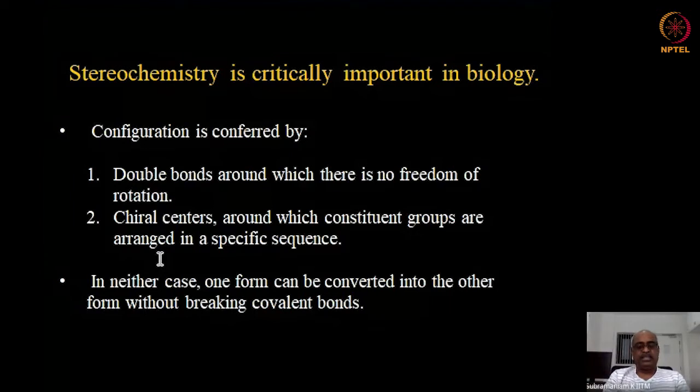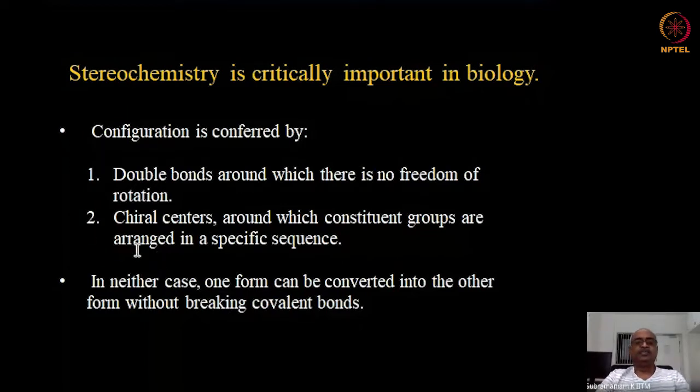They are randomly changing positions. But when you have these two situations, that kind of rearrangement cannot readily happen, and therefore they are fixed in a certain orientation. So you have specific orientations and each orientation matters. We will see these with examples as we go.